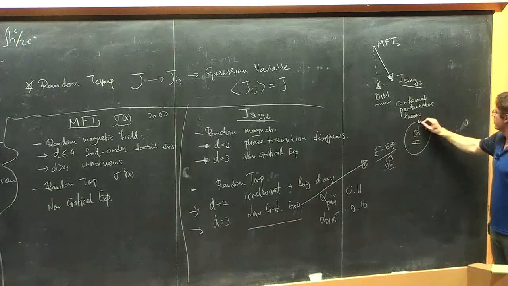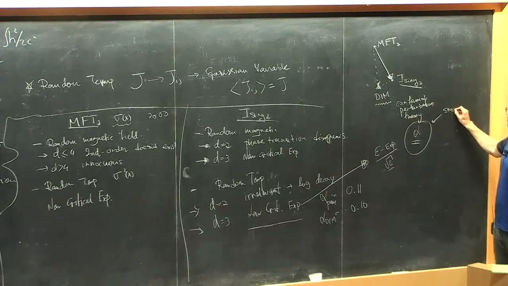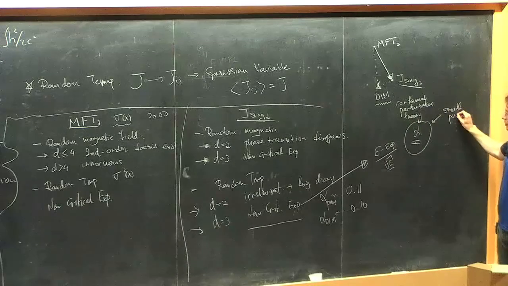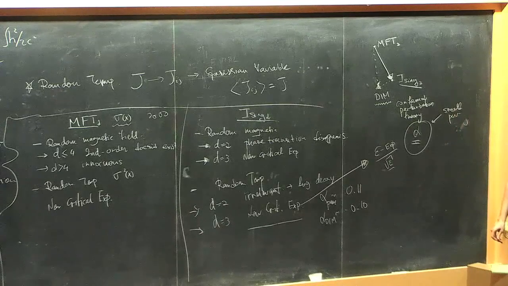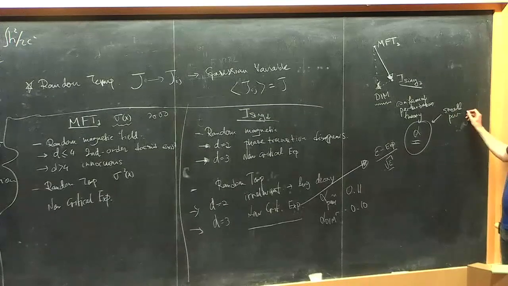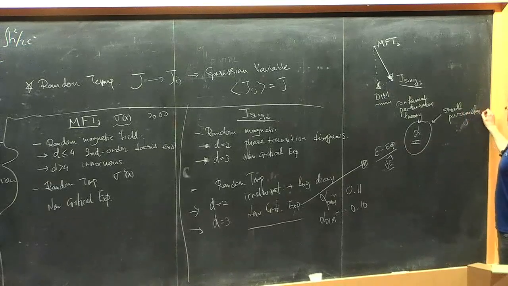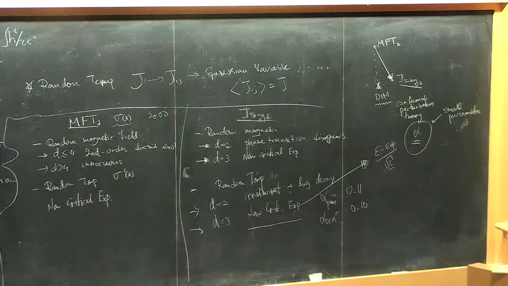So this is the small parameter. And indeed, it's 0.1, so you expect this kind of computation to be effective. This is the idea: you can expand in the heat capacity exponent. That's the physical idea.